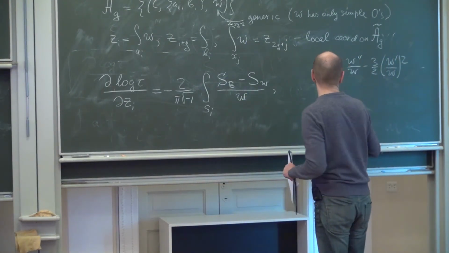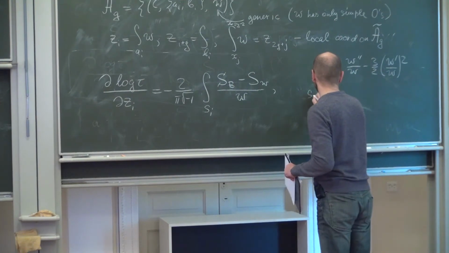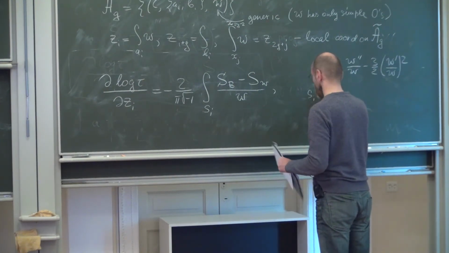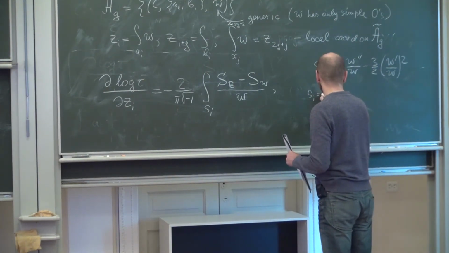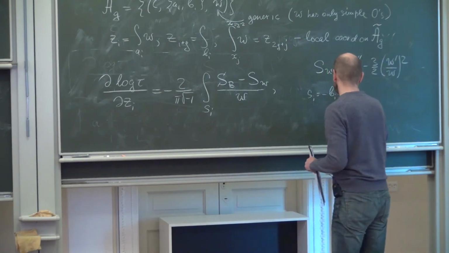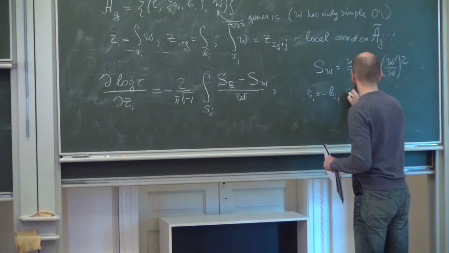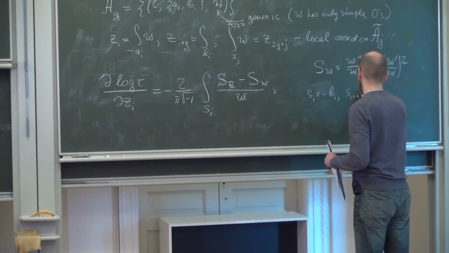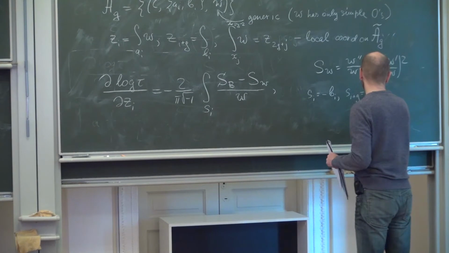And what are s i's? So the first g of them are just minus b i's. The next g of them are a i's.